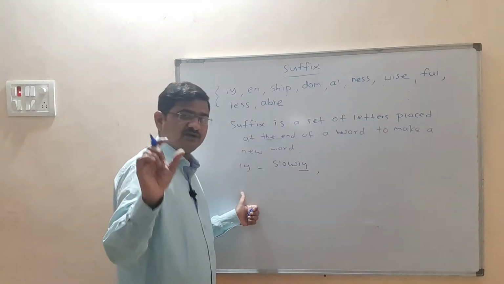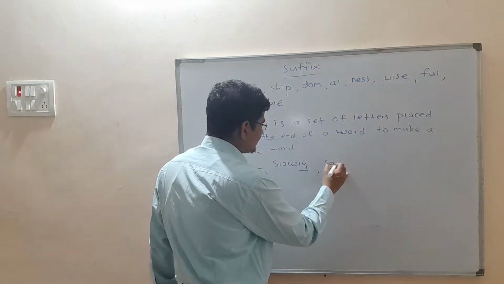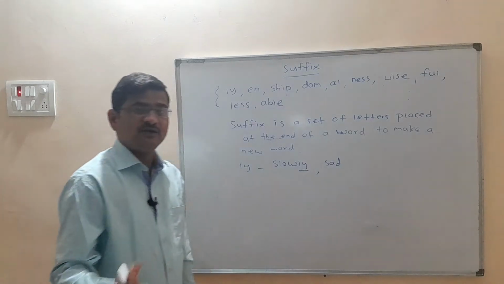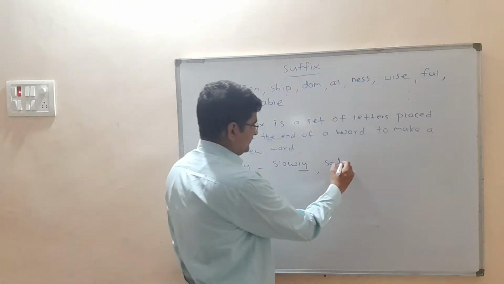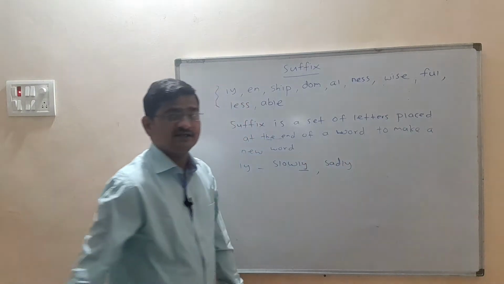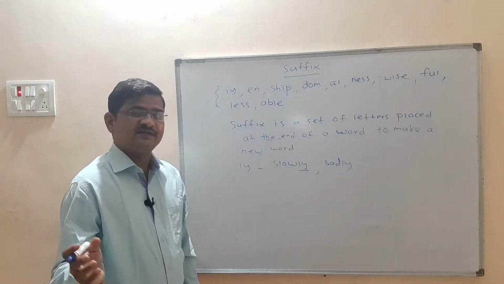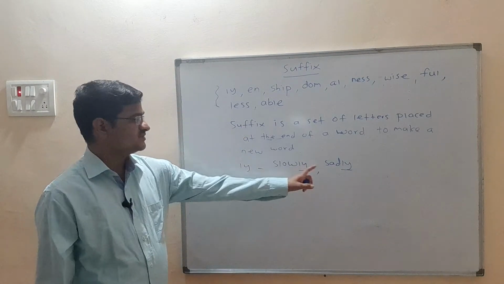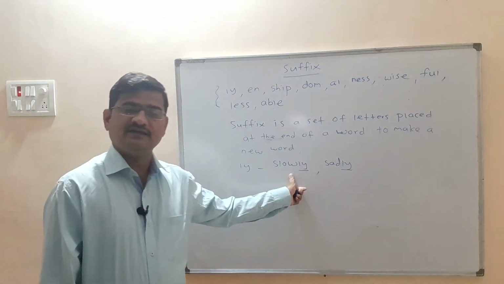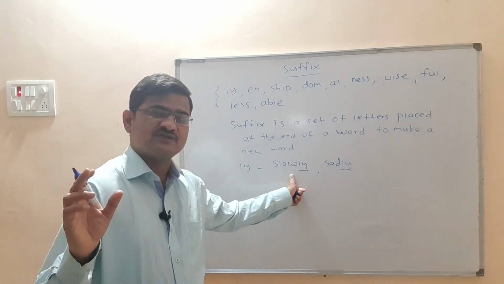Another word is sad. We can add ly to the word sad and create a new word. Sadly is a new word which is created by us. So, here in both these words, ly is an example of a suffix.